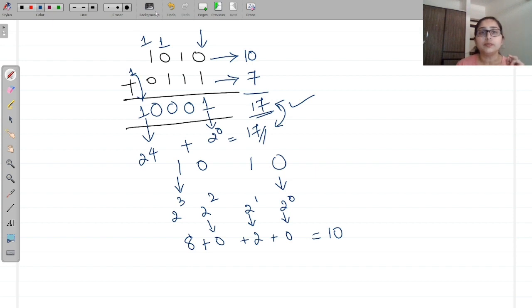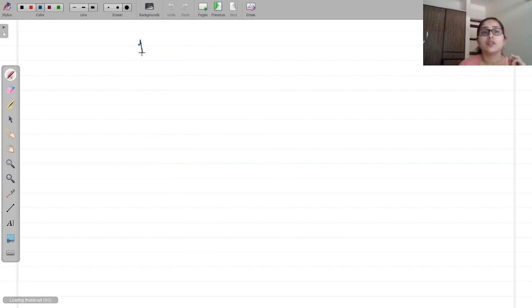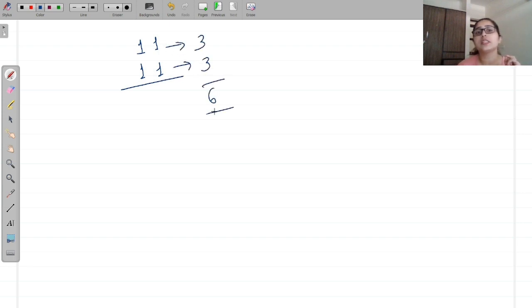Okay, so next let us take 1, 1, 1, 1. This is 3, this is 3. So the resultant should be 6. Let us check. 1 plus 1, once again 0, 1 is carry. Now you have 1 plus 1 plus 1. Only if you have 1 and 1, 0 will be sum, 1 will be carry.